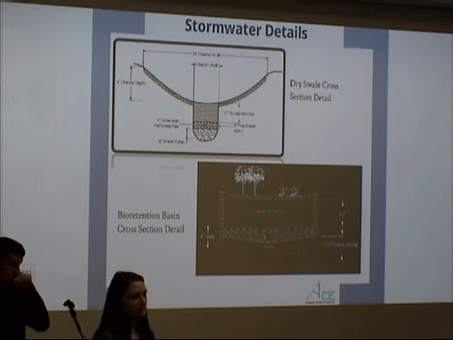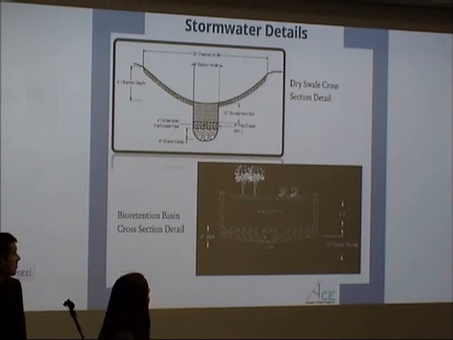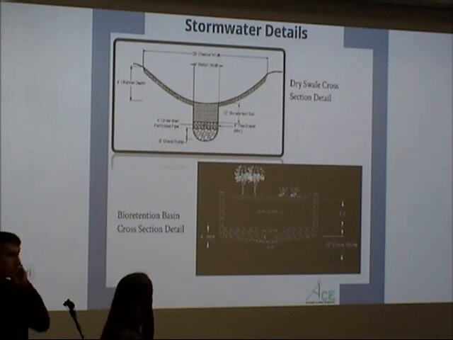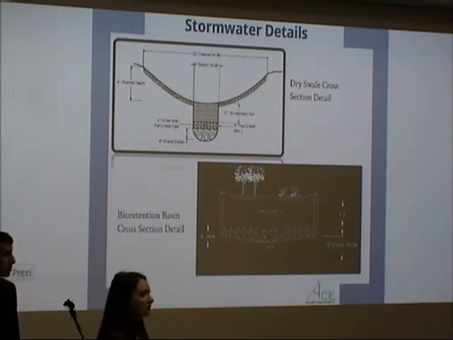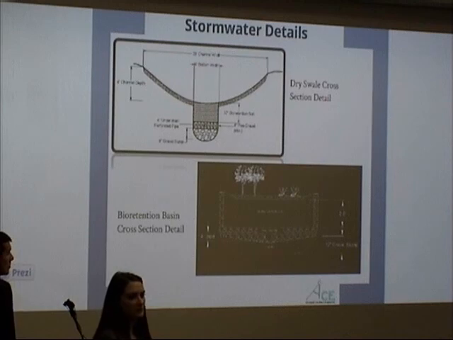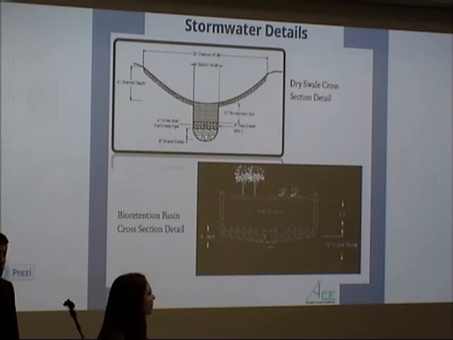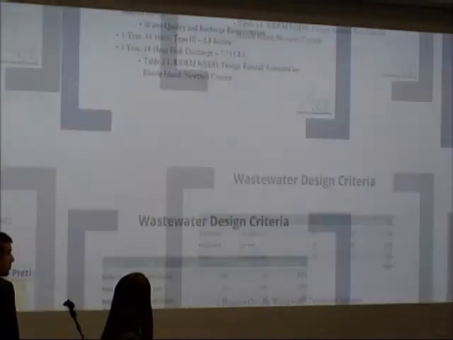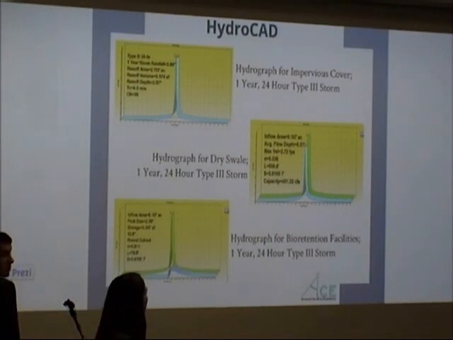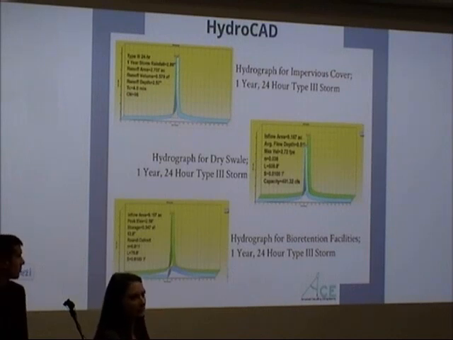And the secondary treatment is going to be the bioretention facilities, which is going to have a 2.5-foot bioretention soil. And with larger storms, like a 10 or maybe 50-year, the flow is going to go towards an existing outfall that is located on the northern end of the site. Like I said, we wanted to reduce the impacts to the hydrologic processes, so we developed hydrographs using HydroCAD.